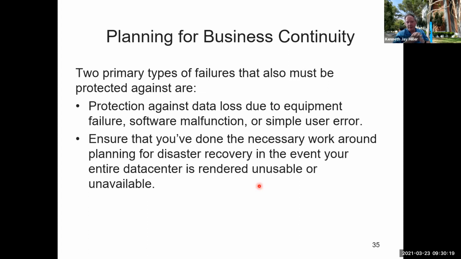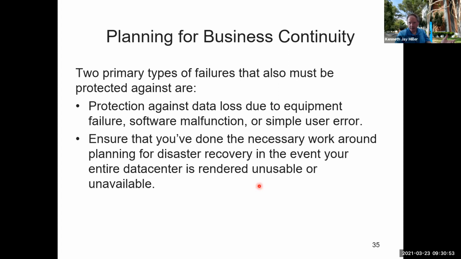The two primary types of failures that must be protected against are data loss due to equipment failure, software malfunction, or simple user error. Simple user error could be somebody saying, I was working in a file and I thought I did Save As, but I actually saved over the original file with the same name, and I need the data that was in the original.